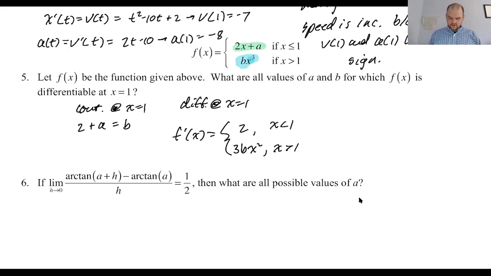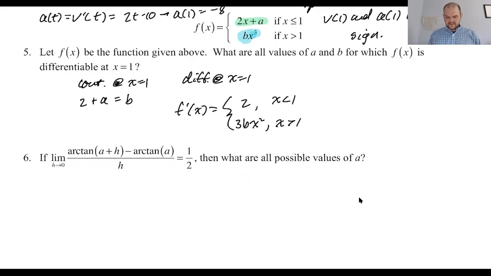Okay, so what I need to be true is I need to take 1 and plug it in here, which obviously is just going to give me 2. And then I need to take 1 and also plug it in here, and that's going to give me 3b. So I know that 3b equals 2, and so b is 2/3.